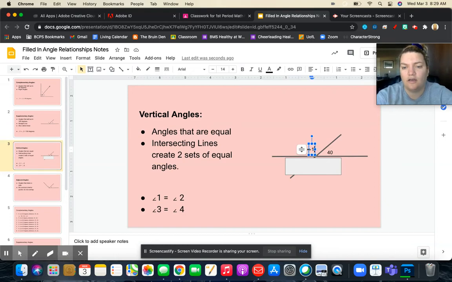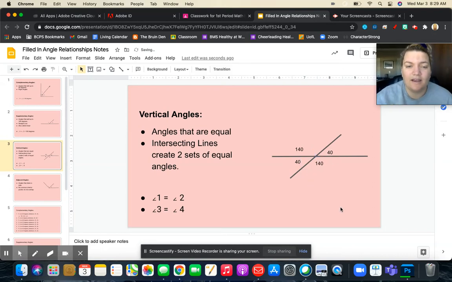So we should know, based on that, what angle 1 has to be, which is 140 degrees. And based on our vertical angles, we know that angle 2 is also 140 degrees. So based on one angle, sometimes you're able to figure out several more. This is called transversals, which we'll get into more next week. But for right now, just know that vertical angles are equal angles. They're directly across from each other.